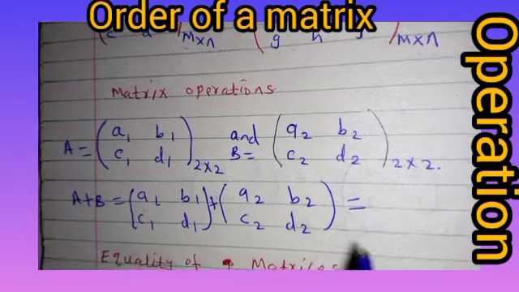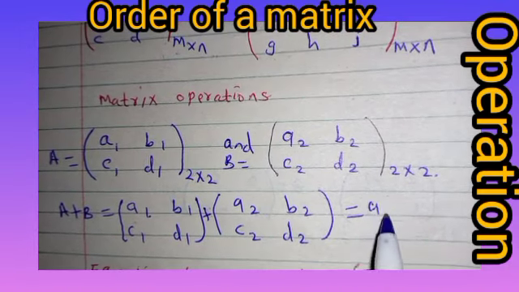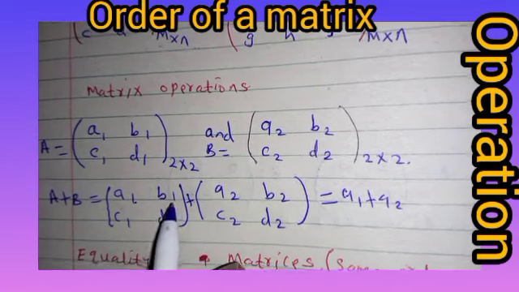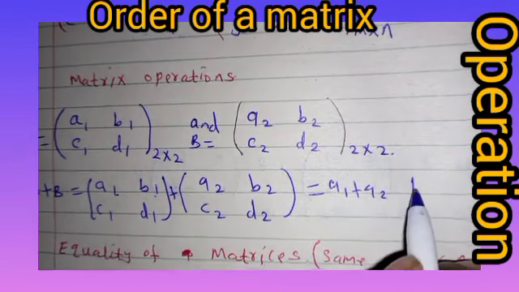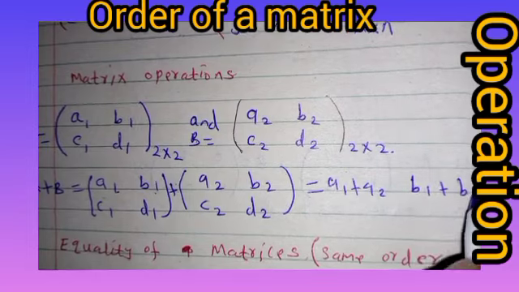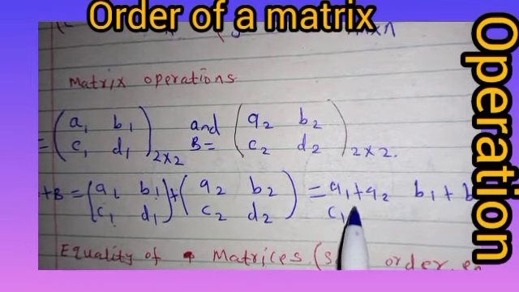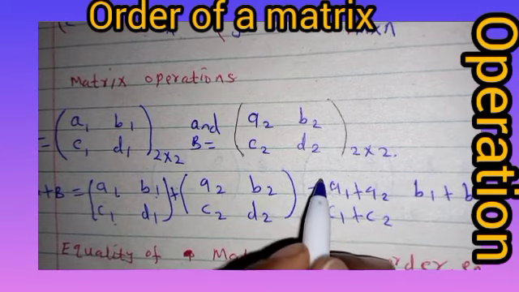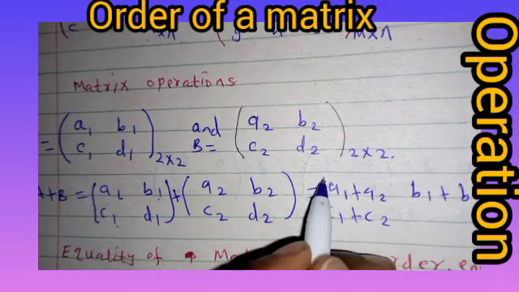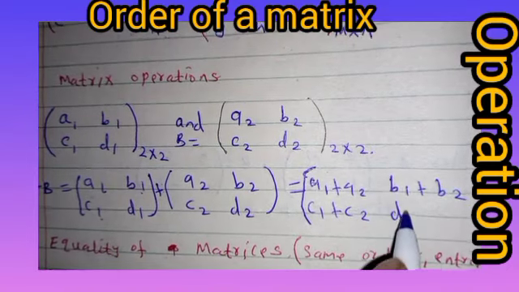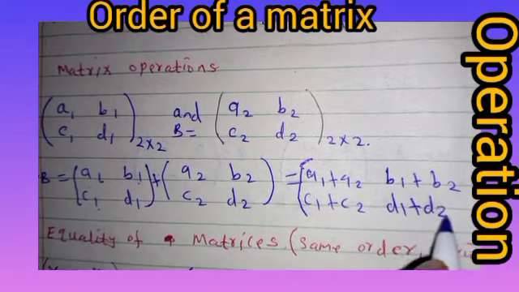So you have A1 plus A2, that will give you the first element. Then B1 plus B2. Then you have C1 plus C2. Matrix should be in brackets. Then you have D1 plus D2.